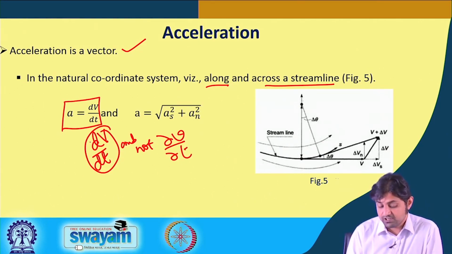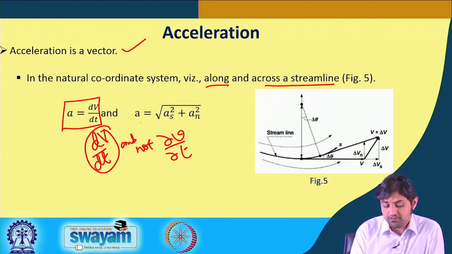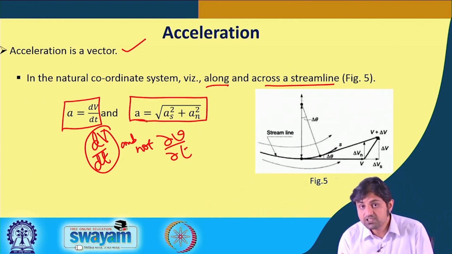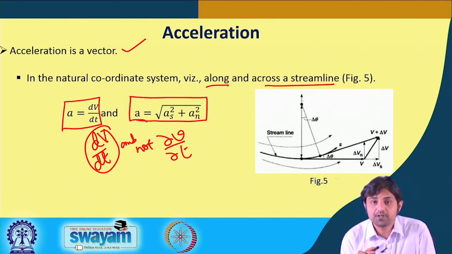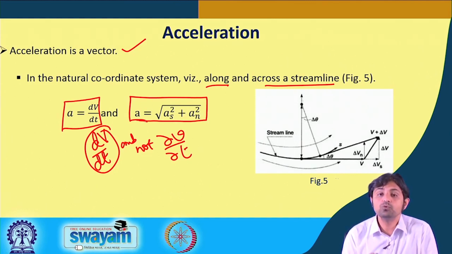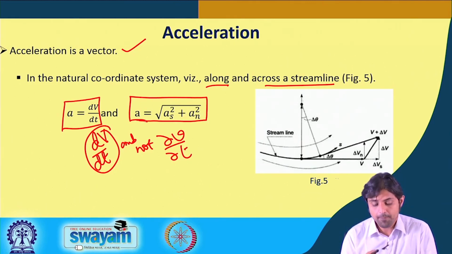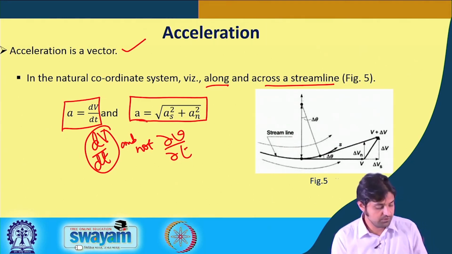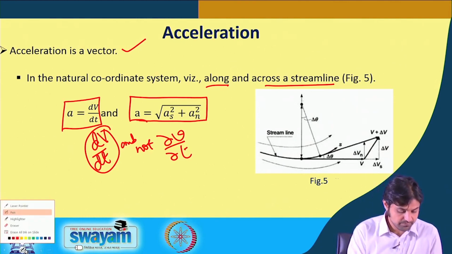In our case here, it will be a vector sum of the acceleration along the streamline and perpendicular to the streamline, same as velocity. Suppose there are two velocity directions, Vs and Vn. So the total velocity, the speed, is going to be the square root of Vs squared plus Vn squared.